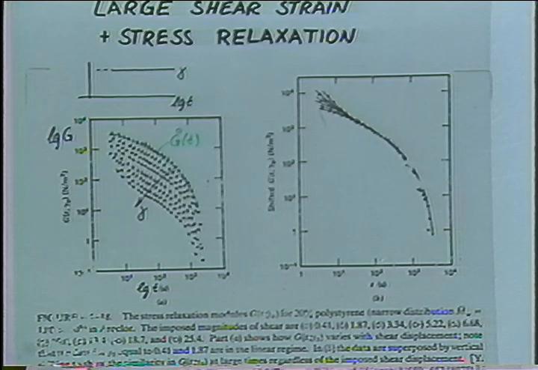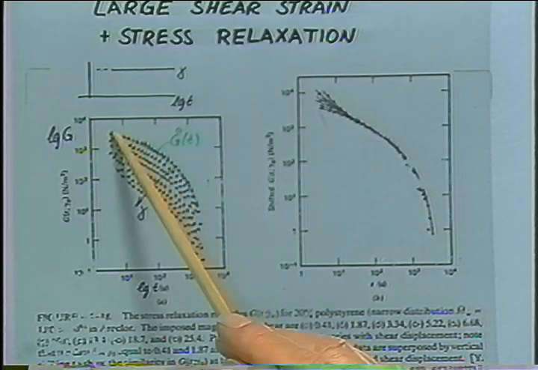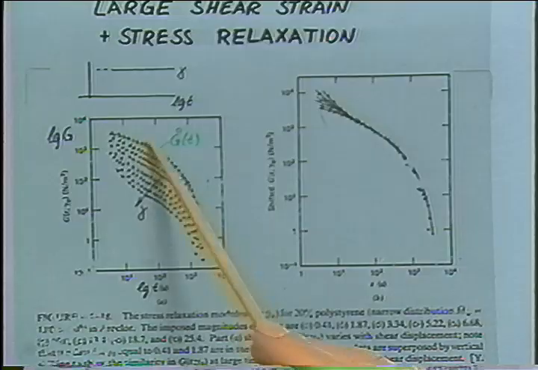They didn't have a motor to do it, so they just deformed the material very rapidly by hand and measured the resulting stress. Since the deformation rate would be very high, the induction of the stress would be over very quickly, and then they just hold the geometry and measure at constant geometry. And what they find is that the stress decays like this.